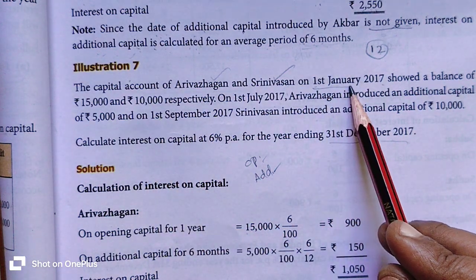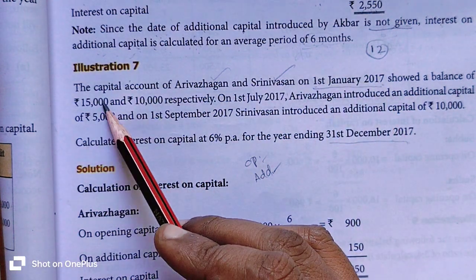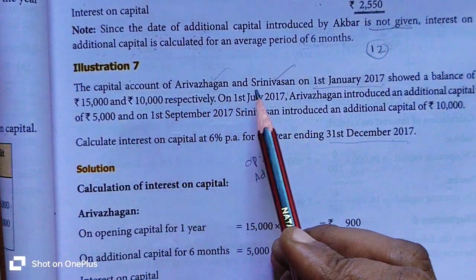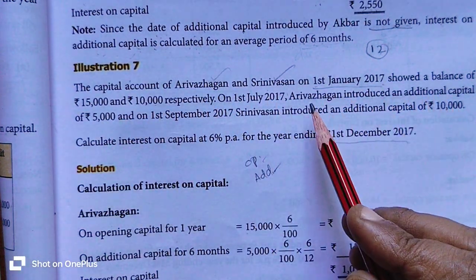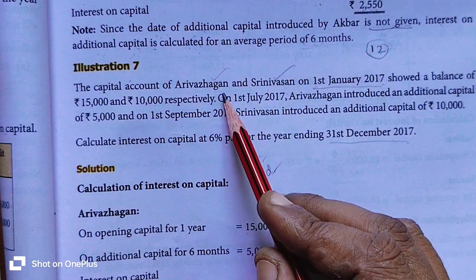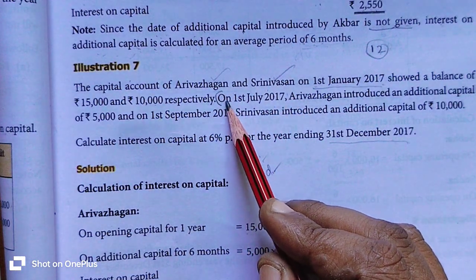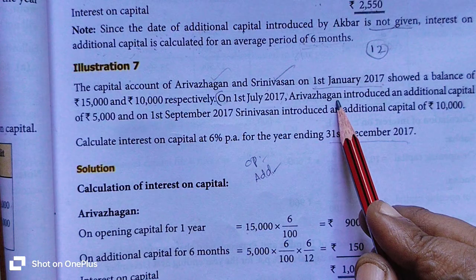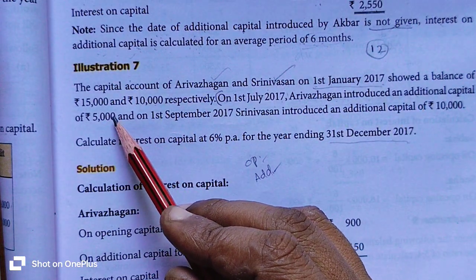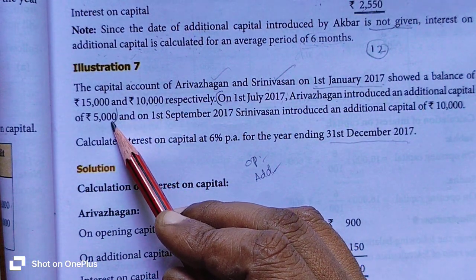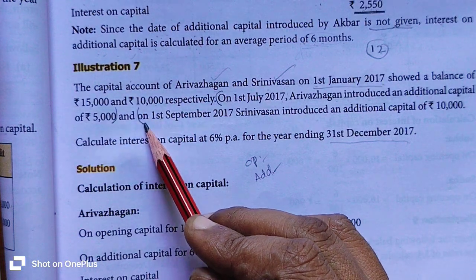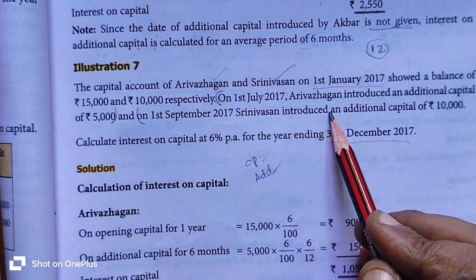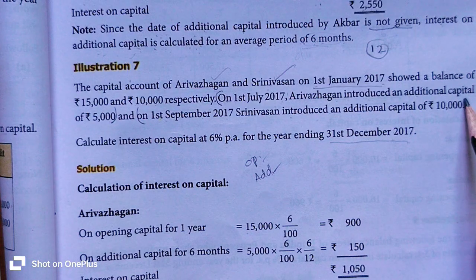So, on 1st January 2017 the opening capital is 15,000 for Harivaragan and 10,000 for Srinivasan. Apart from that, on 1st July 2017 Harivaragan introduced additional capital of 5,000 rupees, and on 1st September 2017 Srinivasan introduced additional capital of 10,000 rupees.